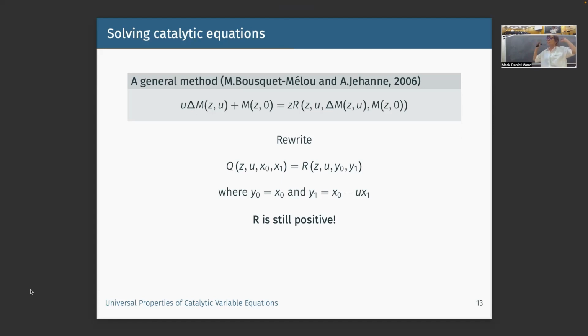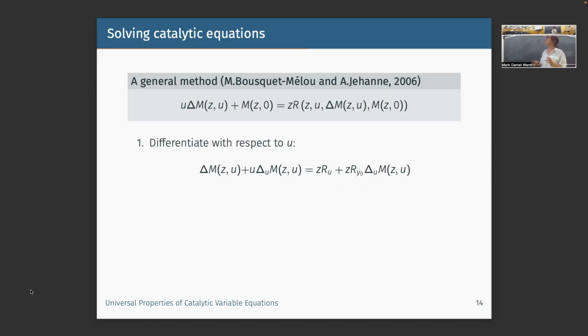So the general method uses a very simple and beautiful idea somehow. We already know that we have unique analytic solutions. We plug them in, and now around 0, we just differentiate with respect to u, and then this equation has to be satisfied. So maybe let's just have a look at the left side and see whether this is true. M(z,0) will just disappear if we differentiate because it does not contain a u, and then u times the divided difference will become the divided difference plus u times, and this is how I denote the partial derivative of the divided difference with respect to u.